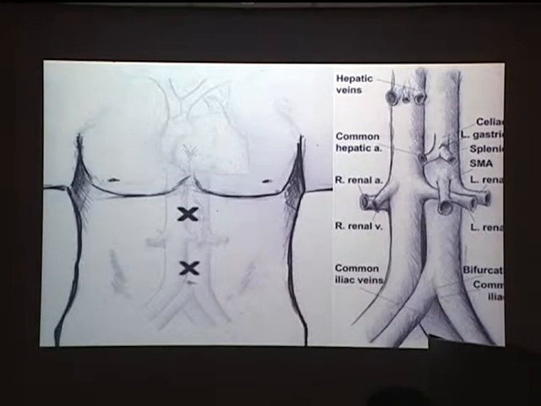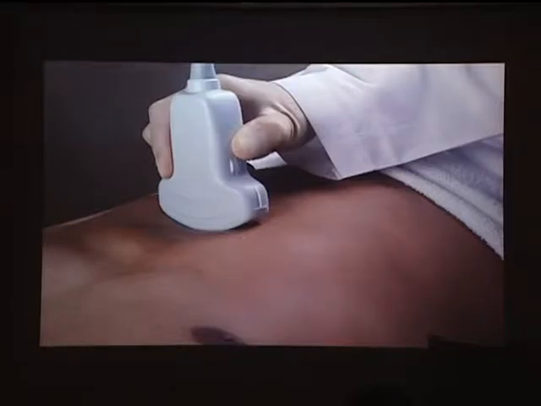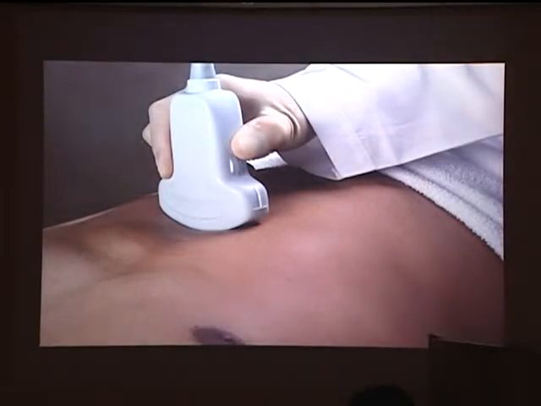But these branches give us quite important landmarks to define which level you are seeing, or whether you are seeing the aorta or the inferior vena cava.